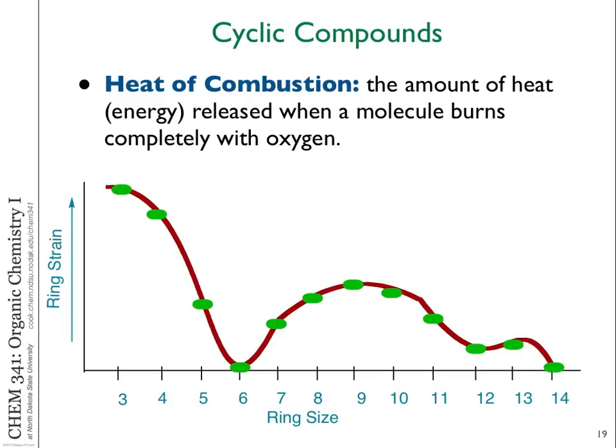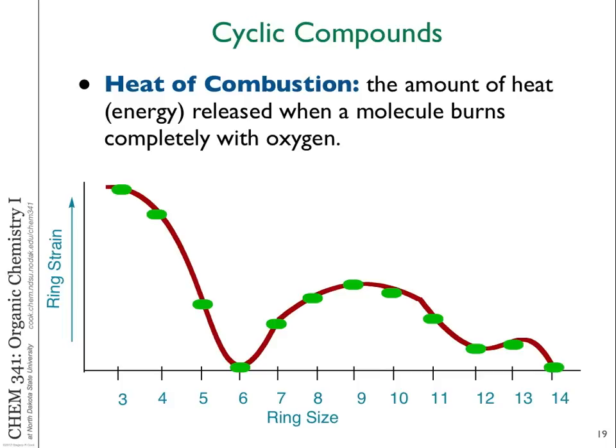If this 0 point energy here is the open chain 3-carbon group, by taking a C3 compound and tying it in a ring, you introduce a great deal of additional energy into the molecule. Okay, that's what this chart is telling you.